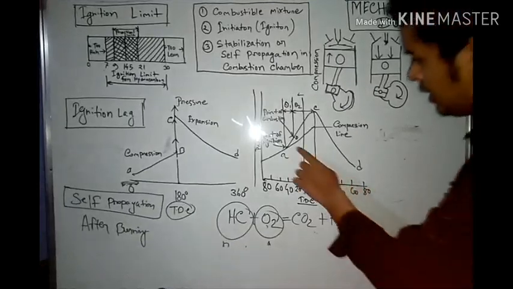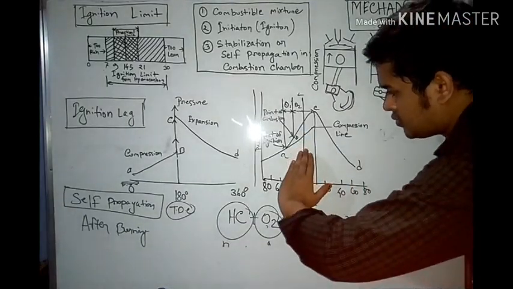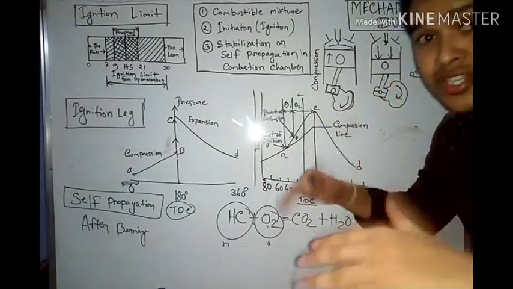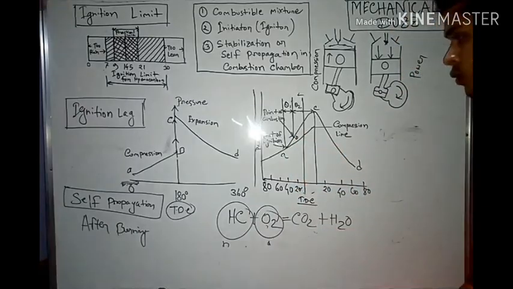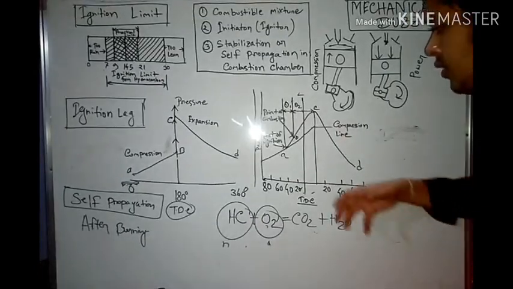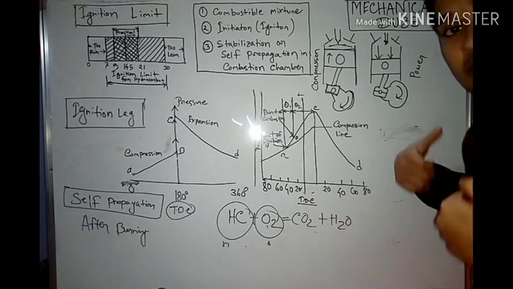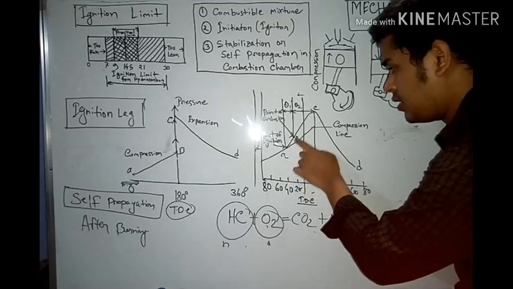So as it goes along, making an angle, it is losing the heating value. Up to this point, the potential pressure and the temperature are all lost from here to here.